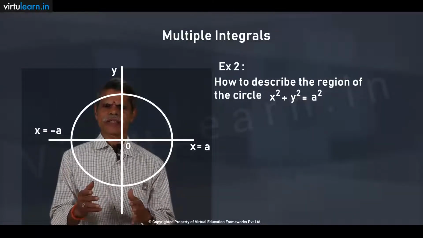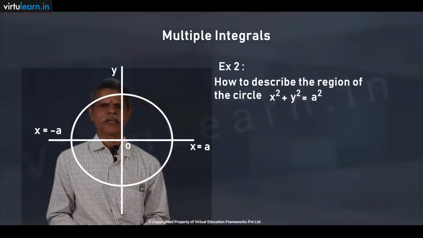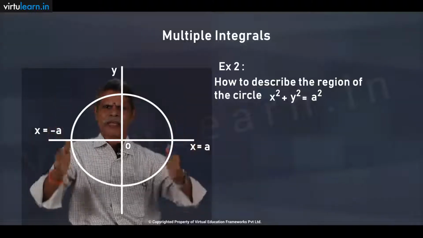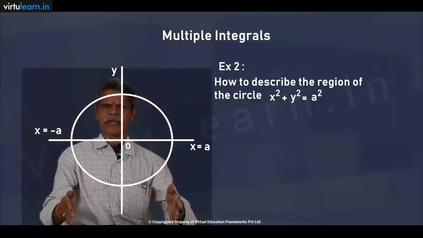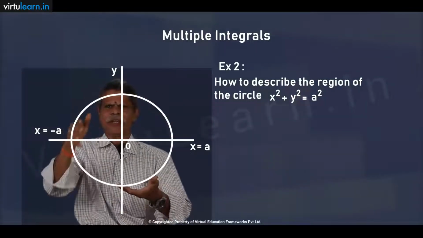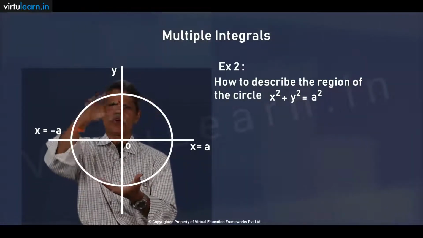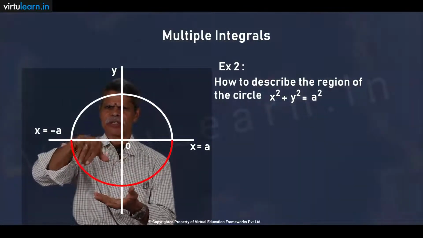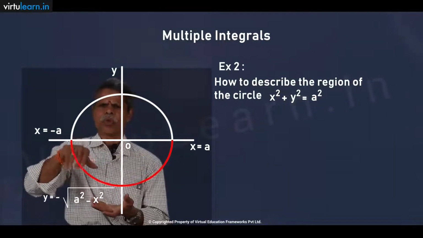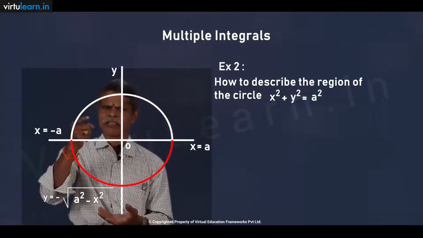Now how shall we describe the region of the present circle? We observe that it lies between two vertical lines x is equal to minus a and plus a. It lies between two semicircles, a lower semicircle and an upper semicircle. The lower semicircle can be represented by y is equal to minus root a square minus x square.